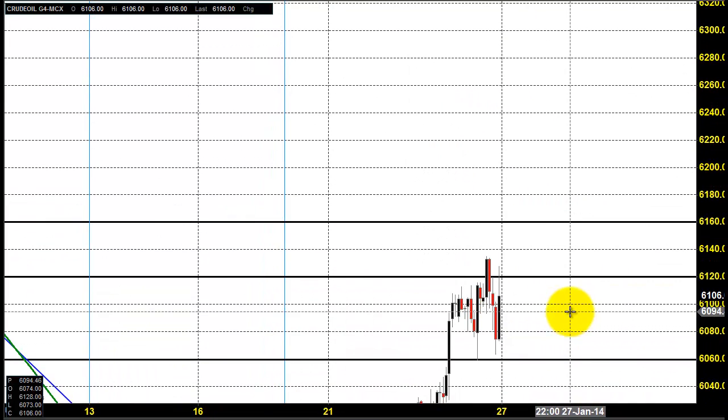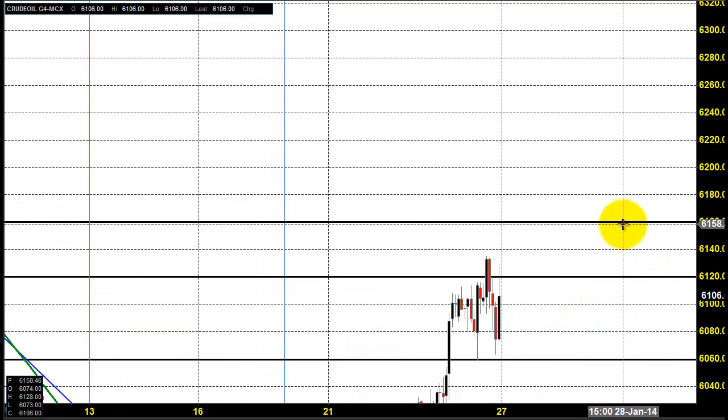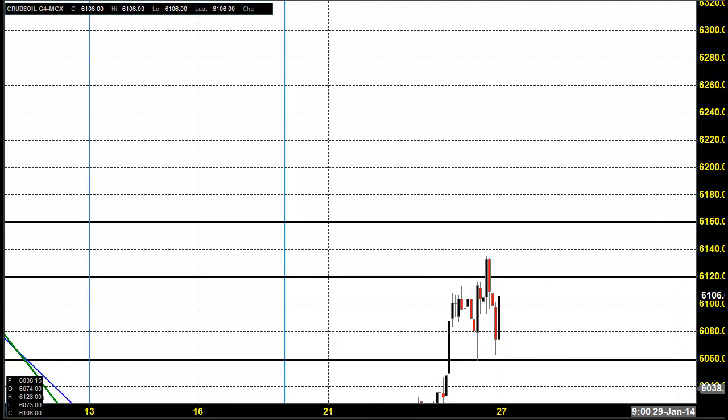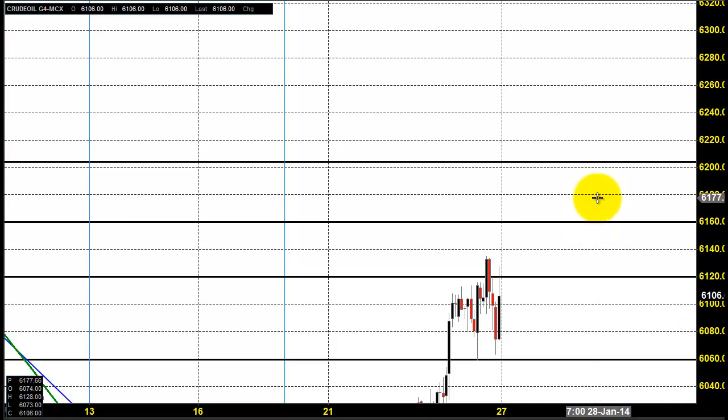The expected target zone, you know that 6160 is the next target zone. I have failed to mark it, now I will be marking the next resistance zone also. 6002 is going to be the next target zone. So this is the area where we are focusing for this particular week.